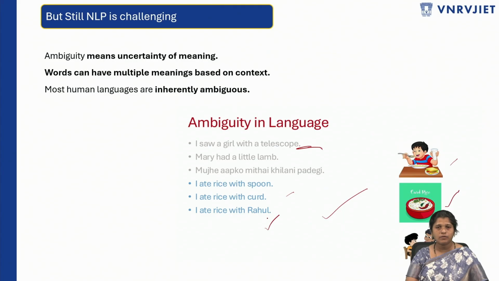All such sentences seem to be very clear, but when we are trying to convert them into an analysis, and when we are making it system specific, we may not have all those ready. Here also, "मुझे आपको मिठाई खिलानी पड़ेगी," where the text is read in Hindi but typed in English.